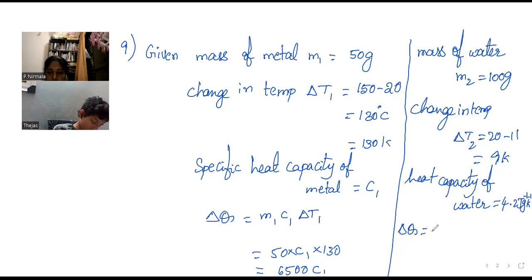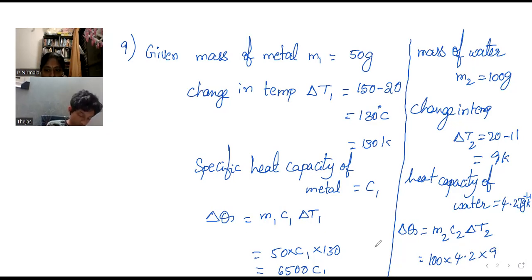Delta Q equals M2 C2 delta T2, that is 100 into 4.2 into 9. So we have to equate that now.